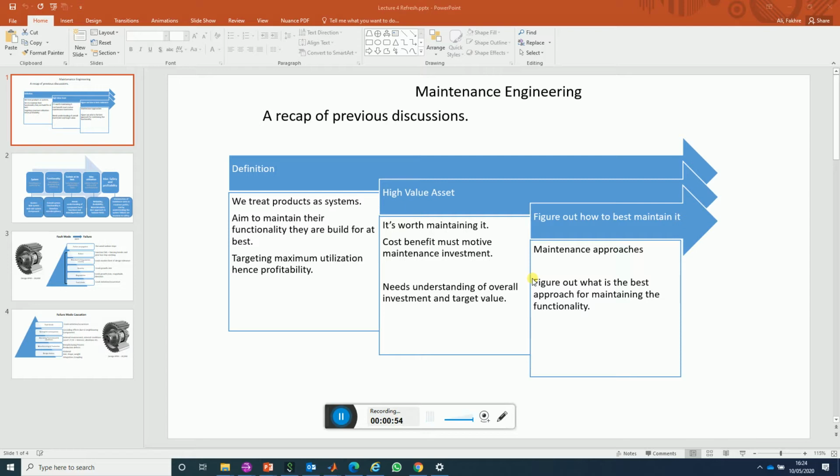So naturally I'm going to have a recap of what we have discussed previously and then make my way towards expanding more into the terminologies.